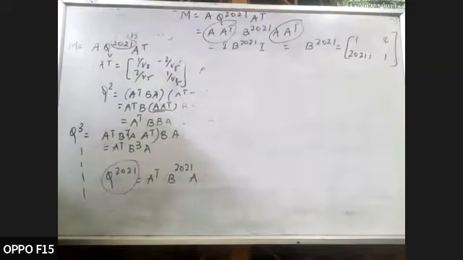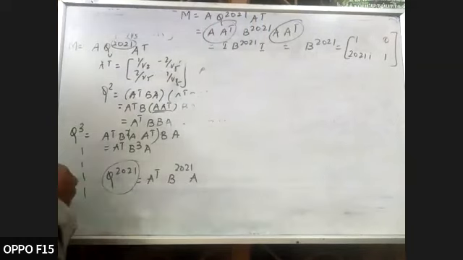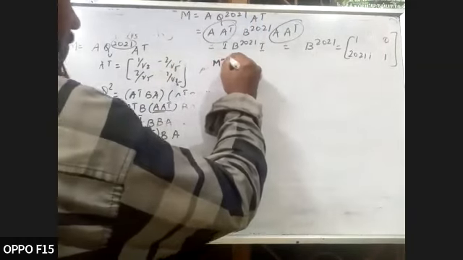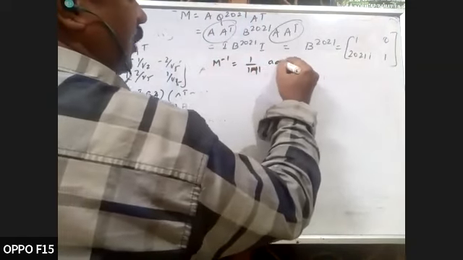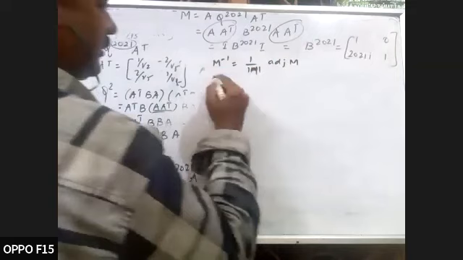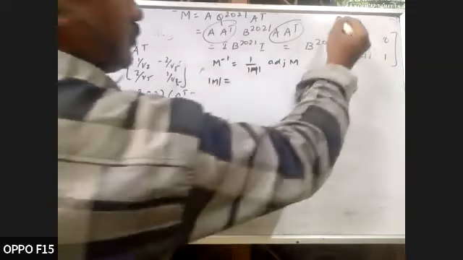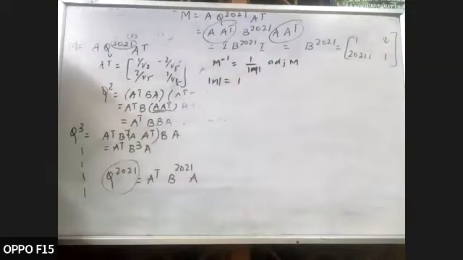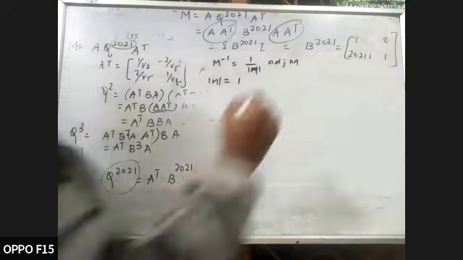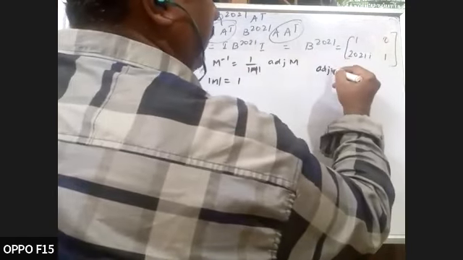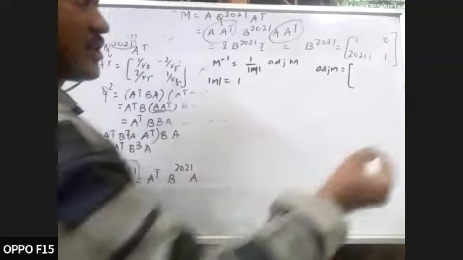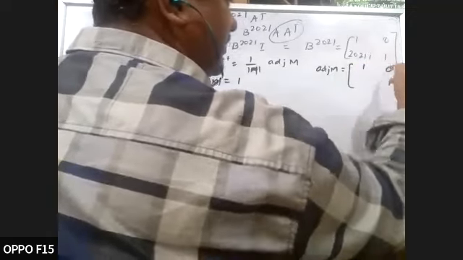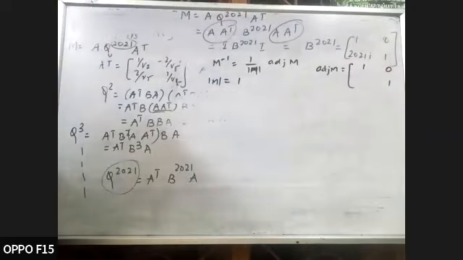Find out the inverse. Your M is equals to, find out the inverse. Your M inverse is equals to 1 divided by determinant of M into adjoint of M. Find out determinant of M, which is equals to 1 into 1 minus 0 into 2021i, that is 1. Next adjoint of M, உங்களுக்கு தெரியும், adjoint matrix சொல்லி கொடுத்துருக்கேன். என்ன பண்ணணும்பா? டிரான்ஸ்போஸ் பண்ணணும். 1 1, இது 0, இது நேரம் minus 2021i.